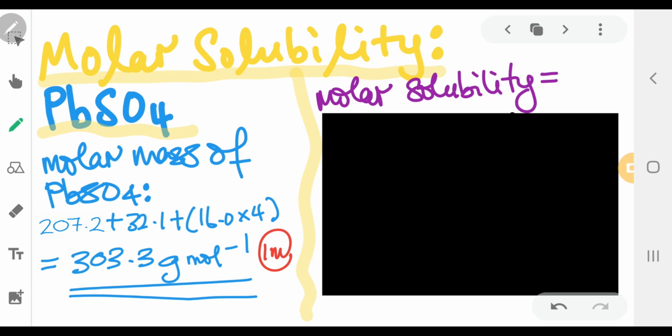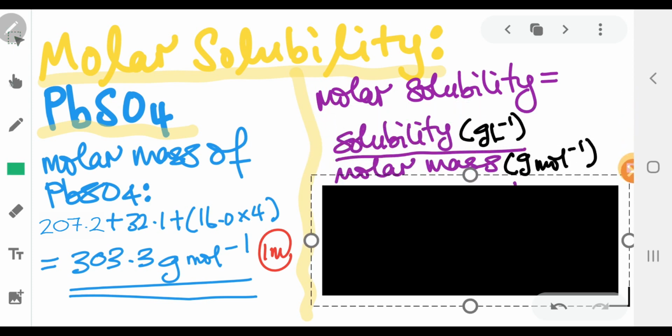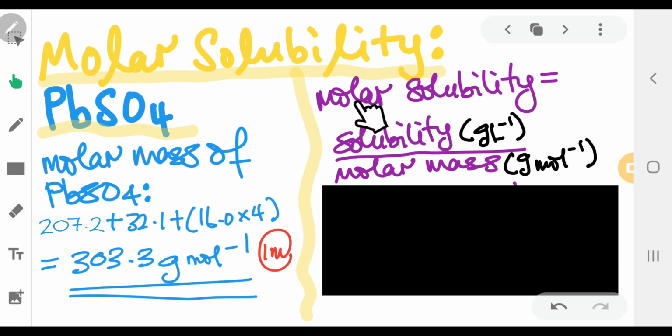And to find molar solubility, the formula is this. So the formula to find molar solubility is to take the solubility given to you, divide by the molar mass. That is why we need to find the molar mass of lead sulfate in order for you to get the molar solubility from solubility.